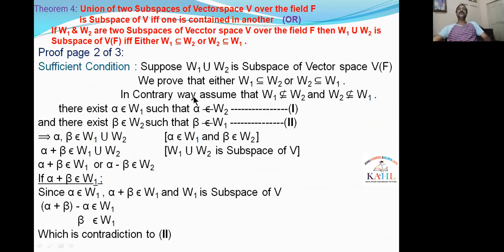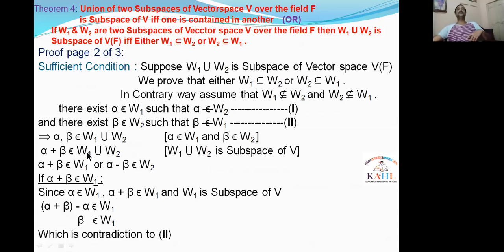But W1 union W2 is a what? W1 union W2 is a subspace of V. Subspace means vector space, means closure law exists. That means alpha, beta belong to W1 union W2 and W1 union W2 is a subspace. By closure law, alpha plus beta belongs to W1 union W2.